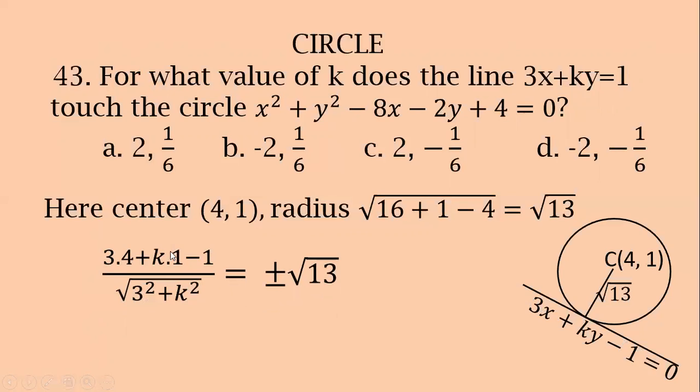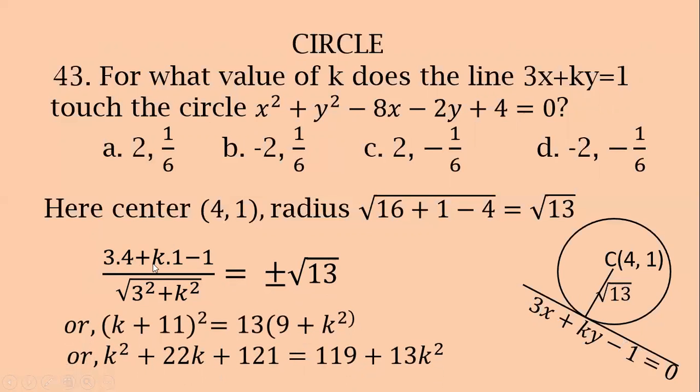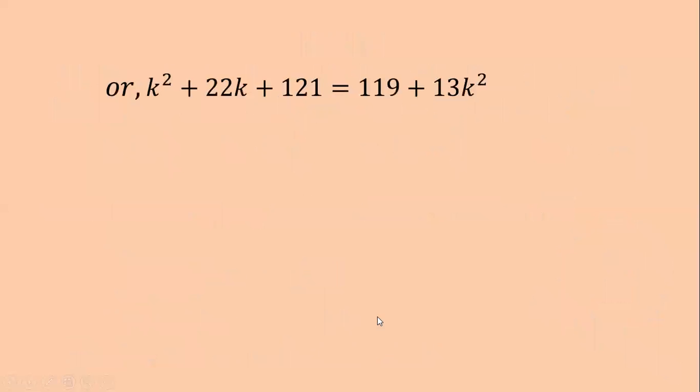This is the distance formula of a point to a straight line, and this is the radius. So this is 12 plus k minus 1, that is 11 plus k, whole square, and it is root 13 square is equal to 13, and the square of this, that is 9 plus k square. So after multiplication, we get the equation. Now we have to solve this equation for k.